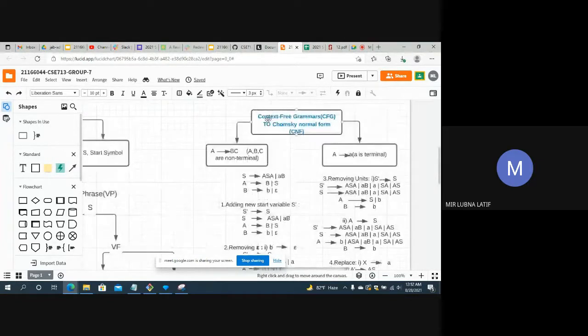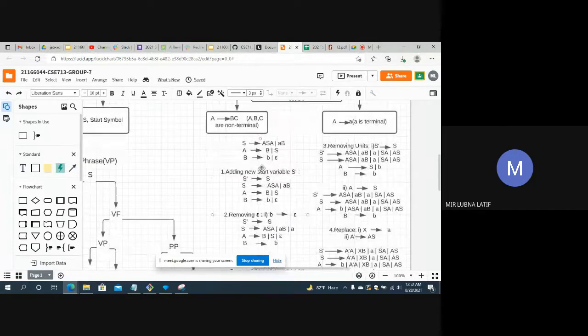Another thing is converting context-free grammar to Chomsky normal form, that is CNF. The core formula, as I have mentioned, is that to be in CNF, the rules have to be non-terminal to terminal, or non-terminal to non-terminals, and if it starts with epsilon, the start symbol goes to epsilon.